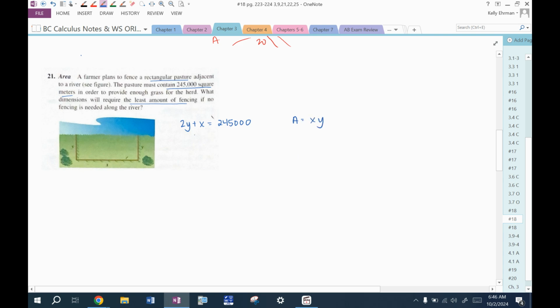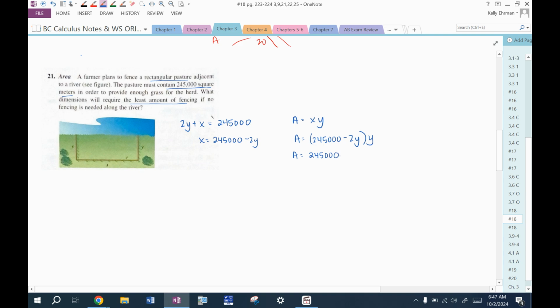This one would be easier to solve for x, so I'm going to do that. So that x would be 245,000 minus 2y. So that just means that I'm going to have the area function in terms of y instead of x. So no big deal about that. So I'm subbing in x right here. I'm going to distribute.